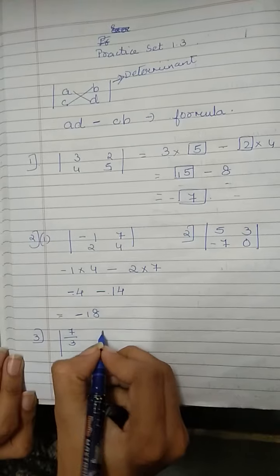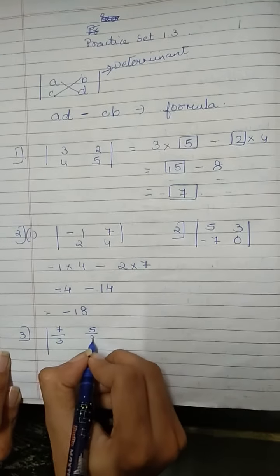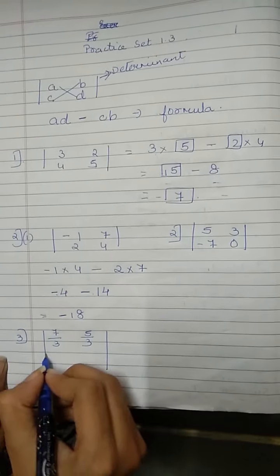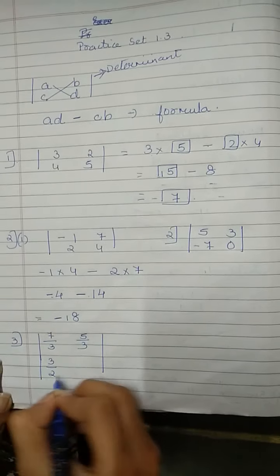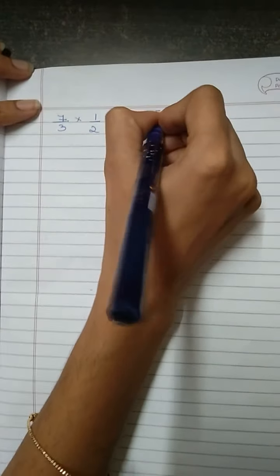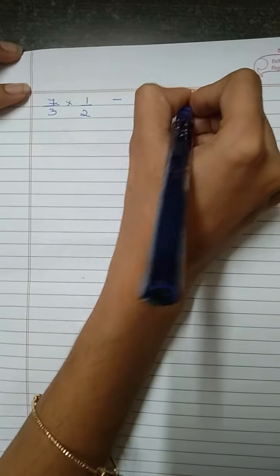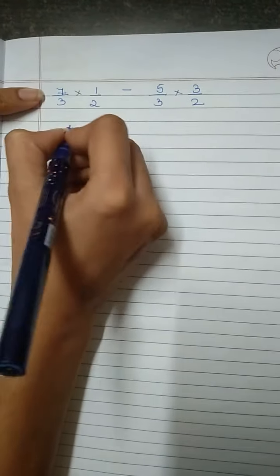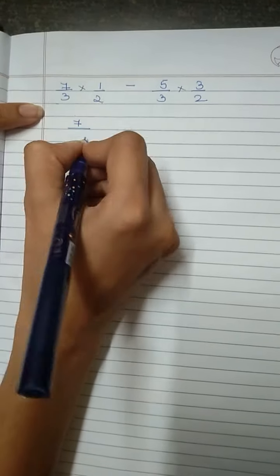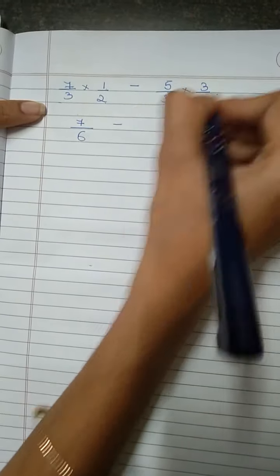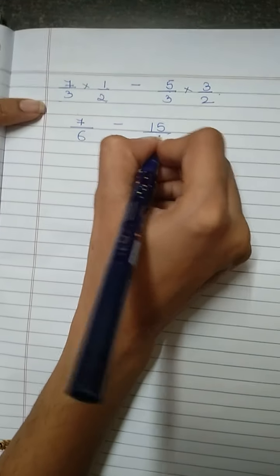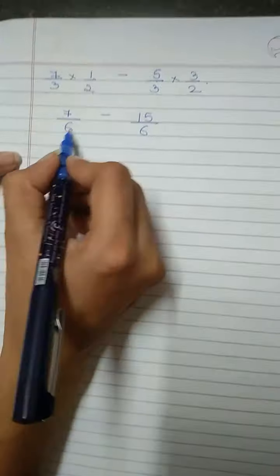Third example: 7 upon 3, 5 upon 3, 3 upon 2, 1 upon 2. Cross multiply: 7 upon 3 into 1 upon 2 minus 5 upon 3 into 3 upon 2. 7 ones are 7, 3 into 2 is 6; 5 threes are 15, 3 into 2 is 6.